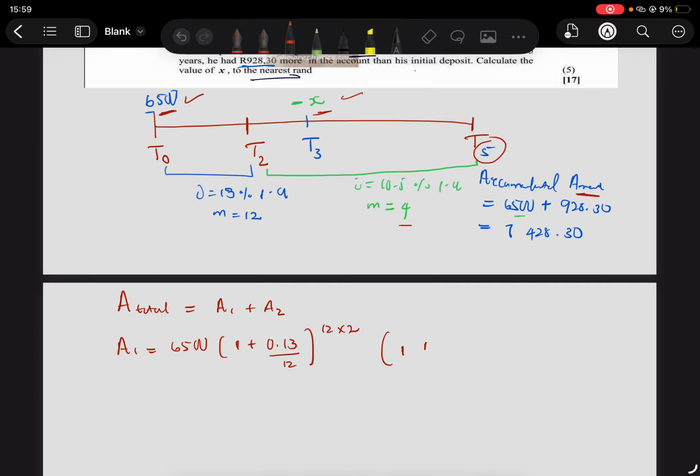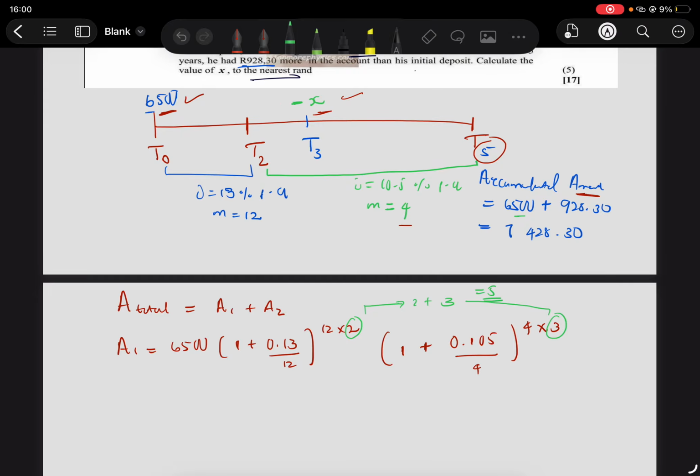So this will be 1 plus 0.105 divided by 4, to the power 4 times 3, because the first interest rate is used for the first 2 years, and then for the remaining 3 years we use the 10.5%. The key here is to know that the number of years should add up to 5. So this 2 plus 3 should equal 5.